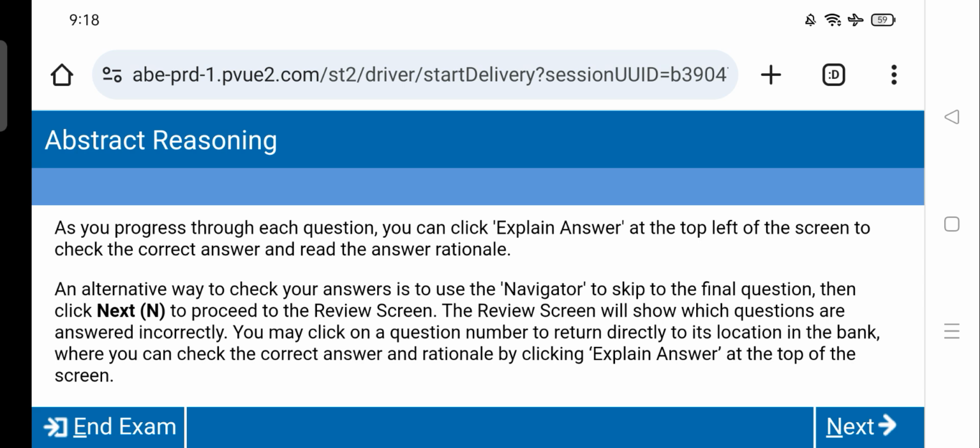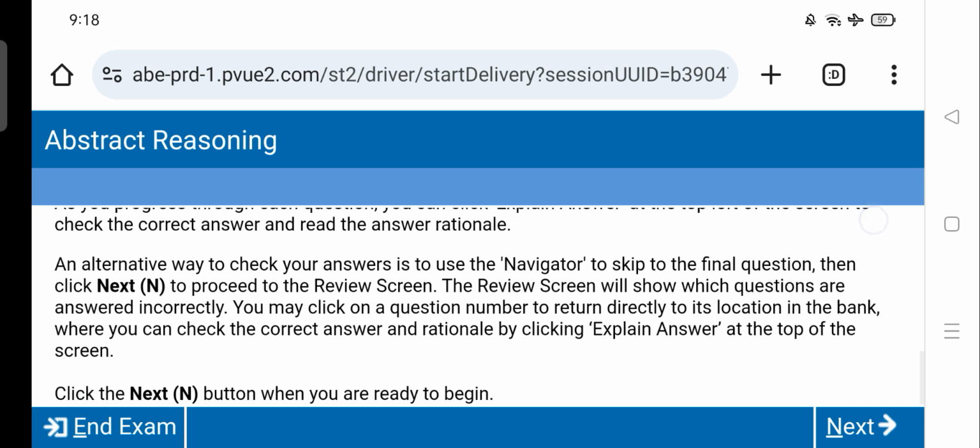The review screen will show which questions are answered incorrectly. You may click on a question number to return directly to its location in the bank, where you can check the correct answer and rationale by clicking Explain Answer at the top of the screen. Click the next button when you are ready to begin.